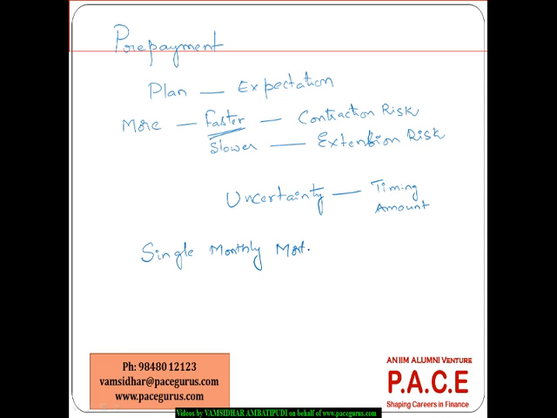There is a metric called single monthly mortality, SMM, which talks about the percentage by which excess prepayment can happen. Whatever prepayment is done, the percentage by which it reduces the principal balance.